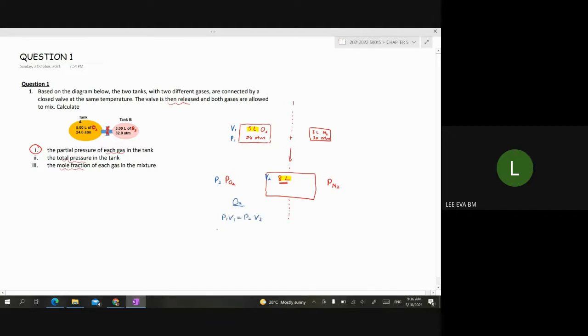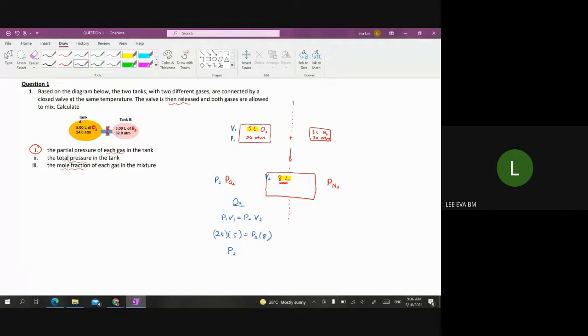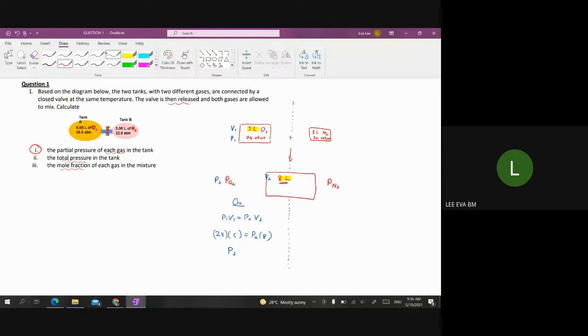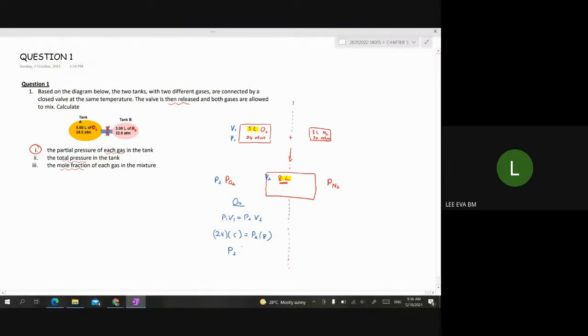So put in your values. We start with pressure: 24 atm, 5 liters. The second pressure is what we want to find for oxygen, and the second volume is 8 liters. So what is P2? Let me know your value for the new pressure for oxygen. 15. 15. Does everyone agree?